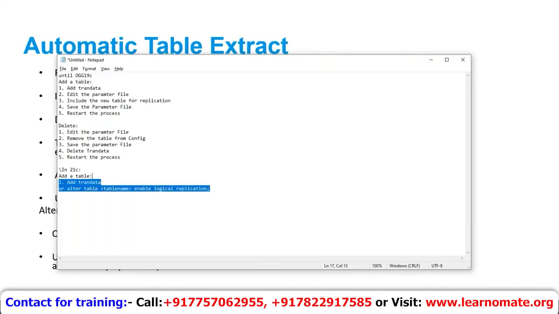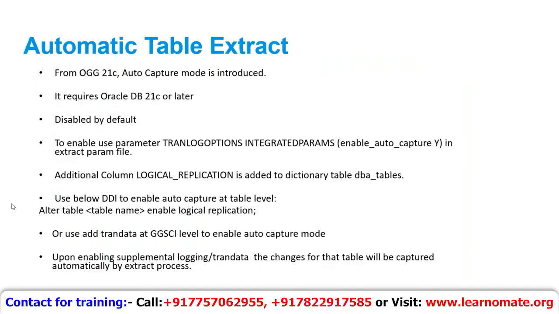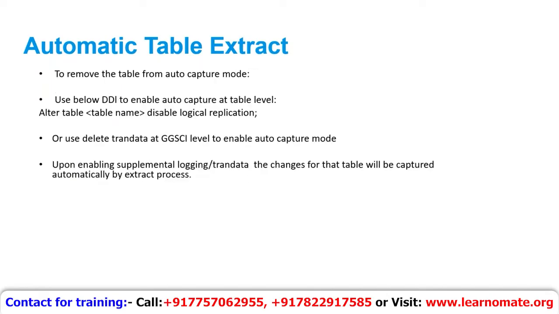Either of the two you have to do. As soon as you do it, your automatic extraction will be enabled. So you don't have to use them in the parameter file or anything. You just have to enable it at database level, and that's it. Upon enabling supplemental logging TRANDATA, the changes for that table will be captured automatically by the extract.